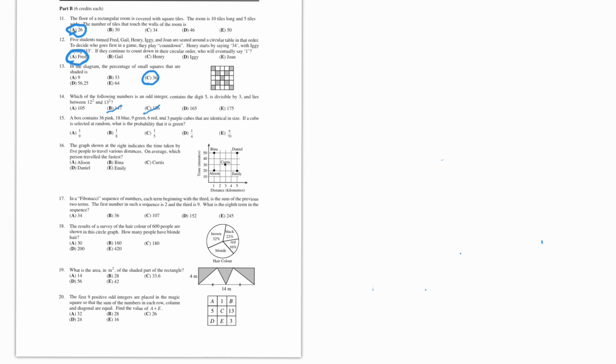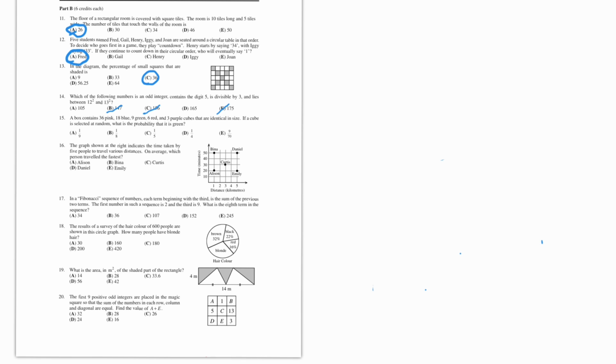Divisible by 3: a number divisible by 3 must have the sum of its digits divisible by 3. A: 1 plus 5 equals 6, divisible by 3. D: 1 plus 6 plus 5, 12, divisible by 3. 1 plus 7 plus 5, that's 13, not divisible by 3.